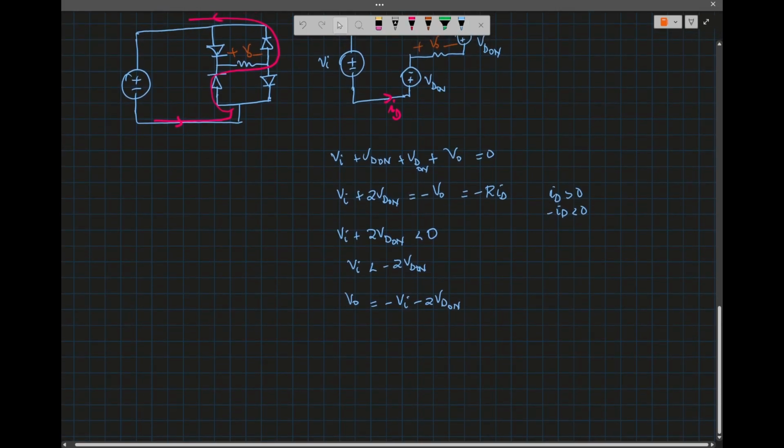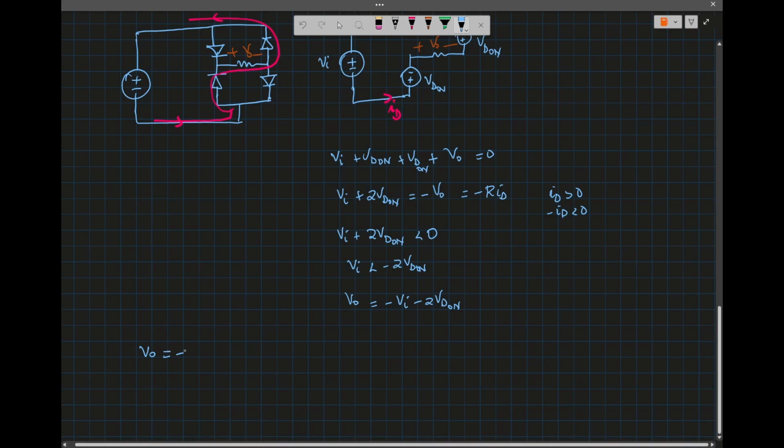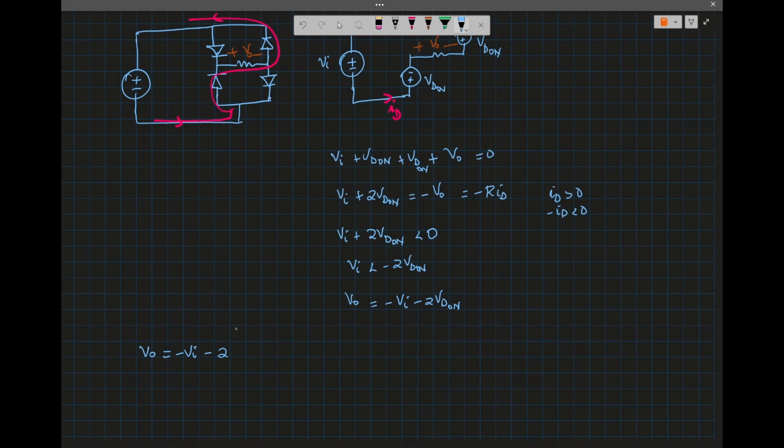Okay, so for this condition number 2, we have V0, which is equal to negative VI minus 2 VD on.